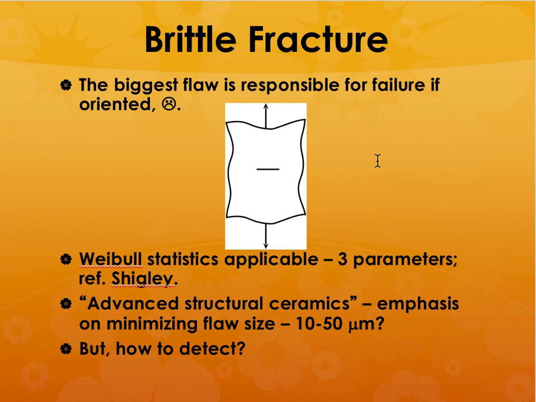So one thing to note is that a material will fail depending upon the biggest flaw in the material. Okay, so suppose you have a flaw that is oriented right in the middle of this sample, and you are pulling this in the normal direction, that is exactly 90 degrees to the flaw that is present here.